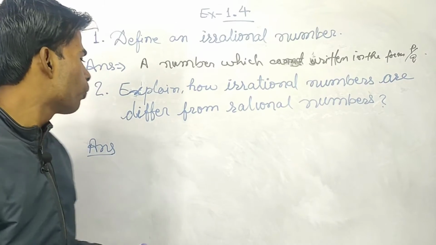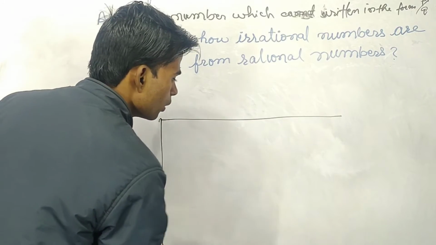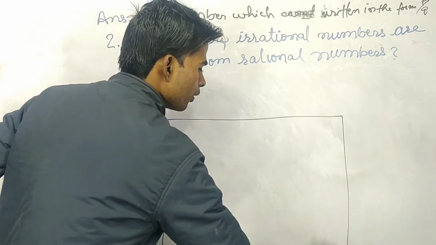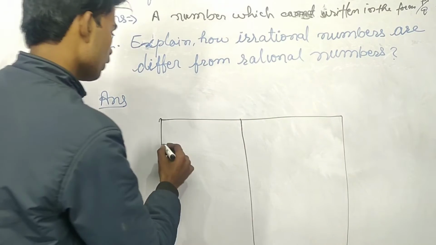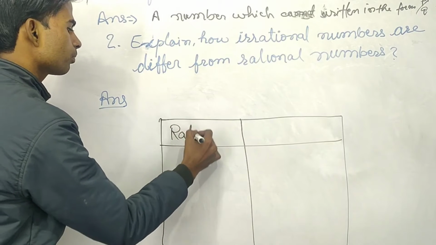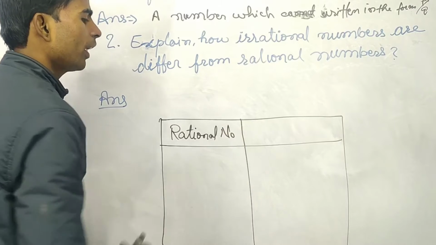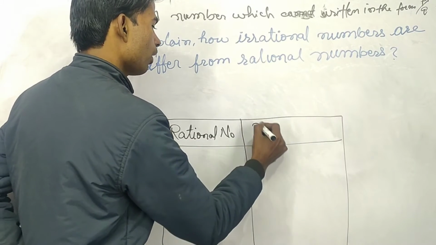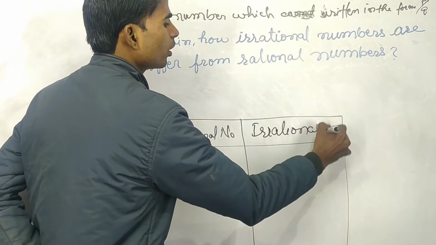So simply we make a chart and divide it in two equal parts. Here write rational numbers, and here irrational numbers.